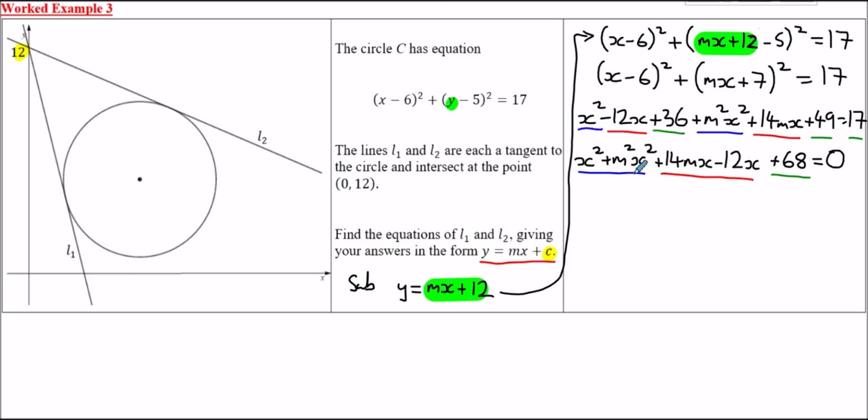What we can do here is now factorize out some things. So first of all, we have an x squared. So there's an invisible coefficient of 1 here. So we can think of that as being invisible 1x squared. So this we can factorize out for 1 and the m squared.